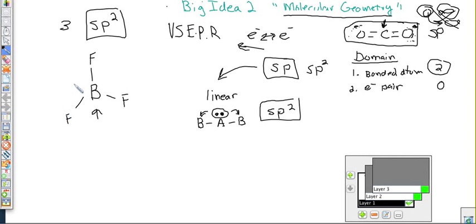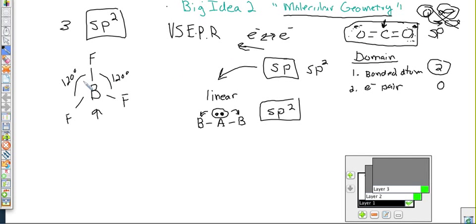What's going to happen is, of course, these are going to go as far away from each other as they possibly can. And so it's going to assume this sort of triangle position. If you take this complete circle and divide it up 3 ways, we're going to get 120 degrees between each of these pairs. Of course, this one back here was 180 because it's just flat.